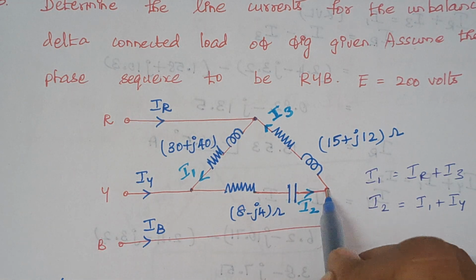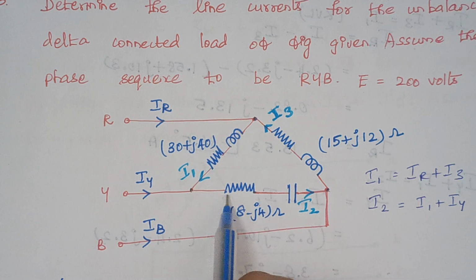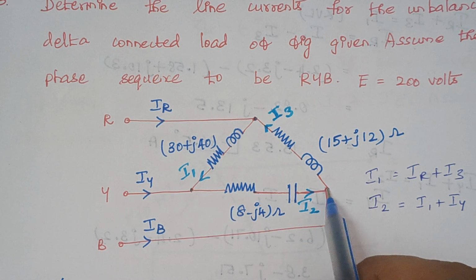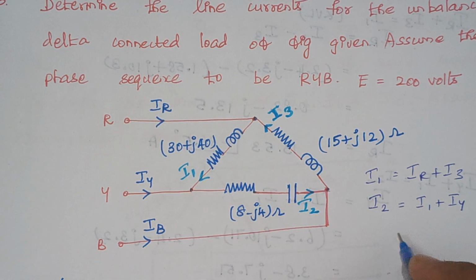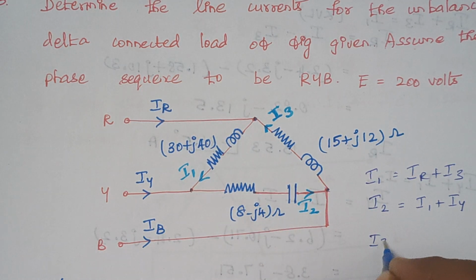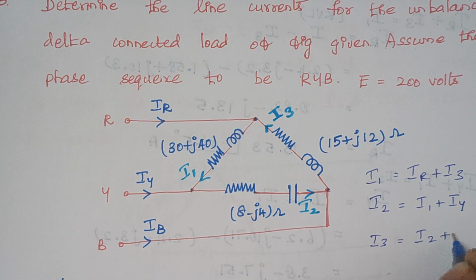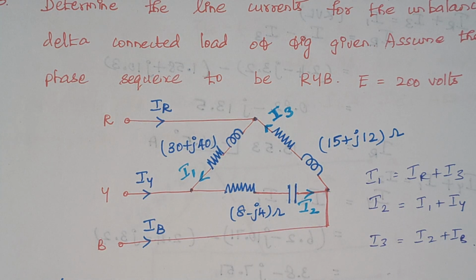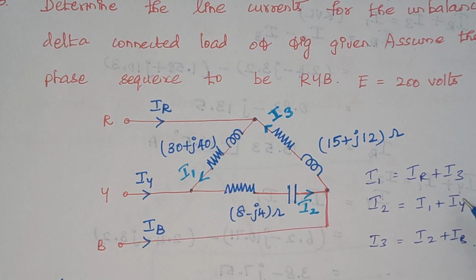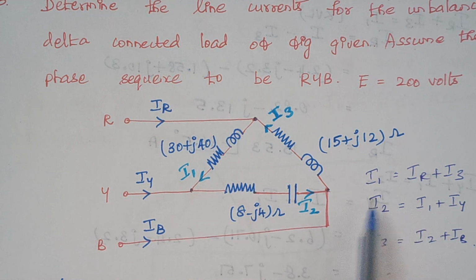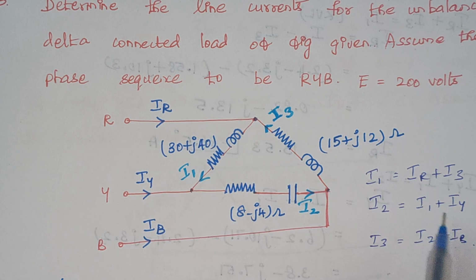Here I2 as well as IB flow towards it, and I3 moves away. Therefore, I3 is equal to I2 plus IB. These are all written by using Kirchhoff's current law. So these are IR, IY and IB, the values of line currents which we need to find.